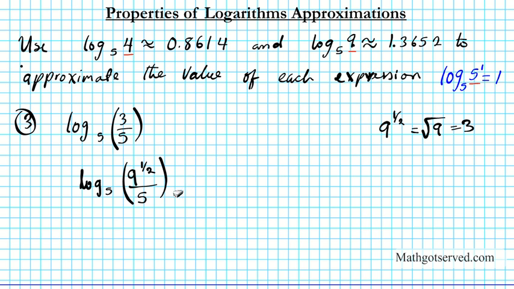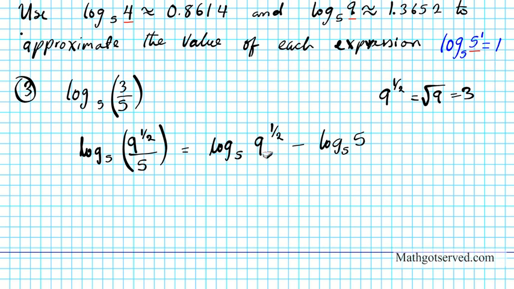Now we're going to use the quotient property of logarithms to write this as log base 5 of 9 to the 1/2 minus log base 5 of 5. If you take a look at the first term, I know what log base 5 of 9 is. I don't know what log base 5 of 9 to the 1/2 is, so I need to resolve this. How do I deal with this power?